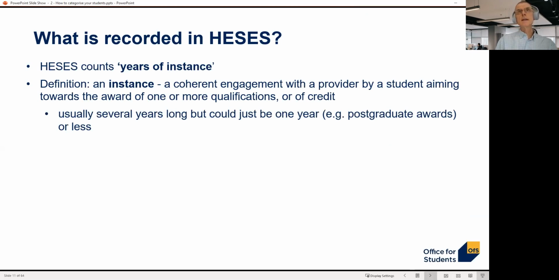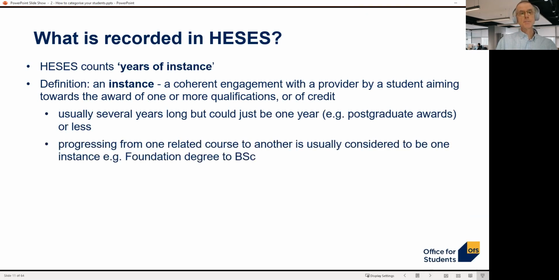In certain circumstances, progressing from one related course to another is considered to be one instance. An example here is the sort of thing which happens with foundation degrees a lot of the time. People then go on to top up, as it were, to a bachelor's degree of some kind.